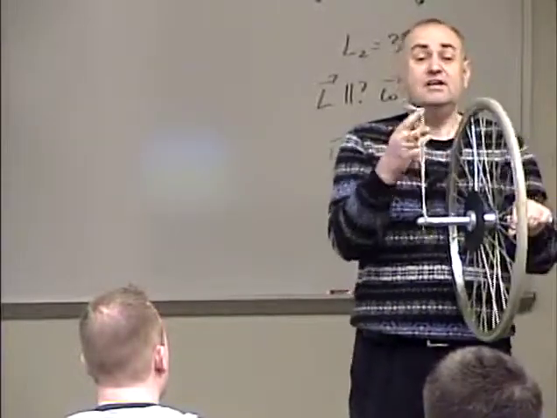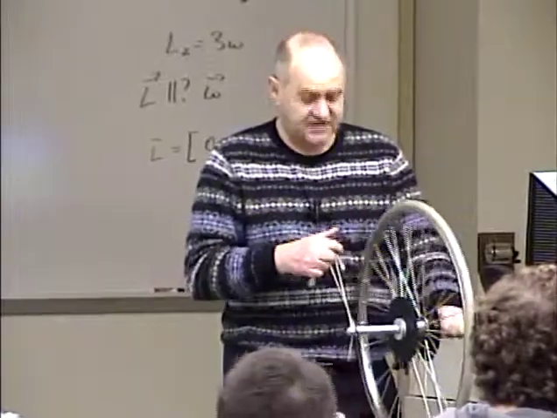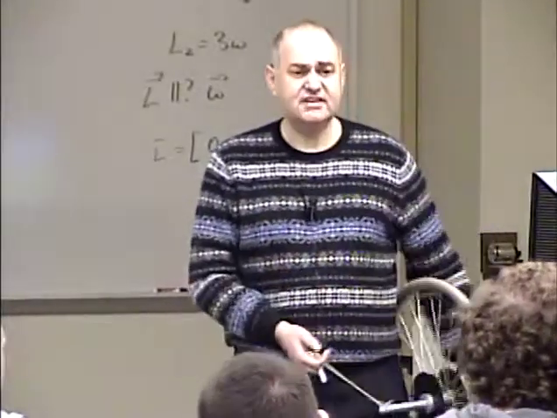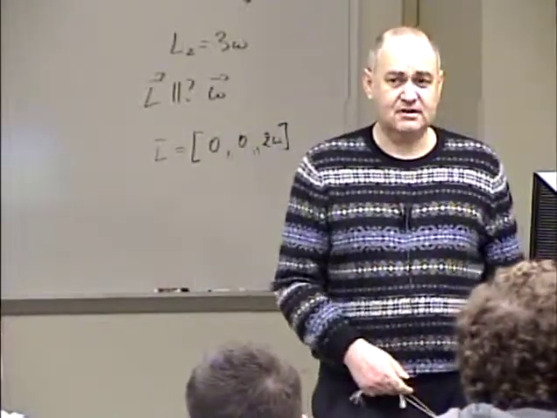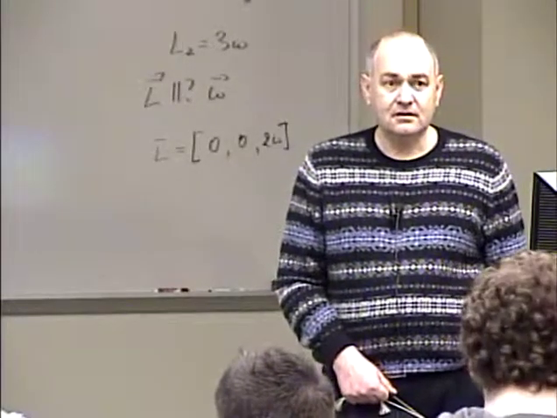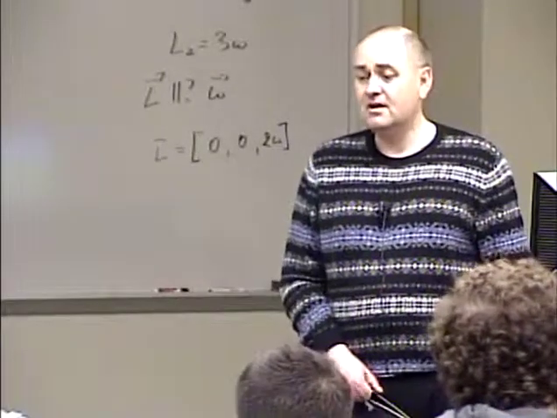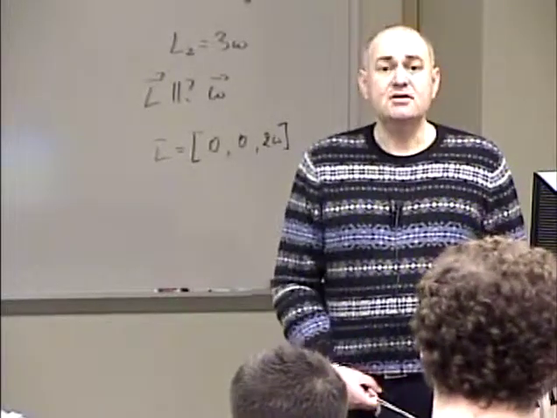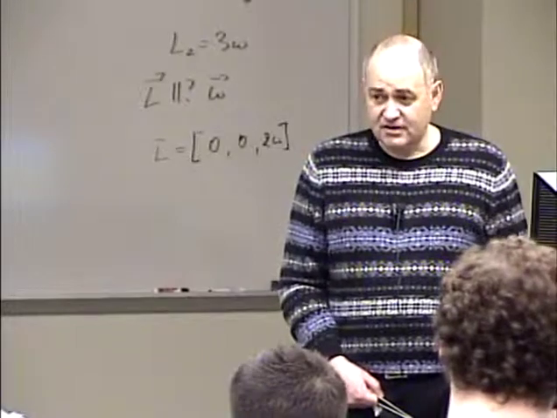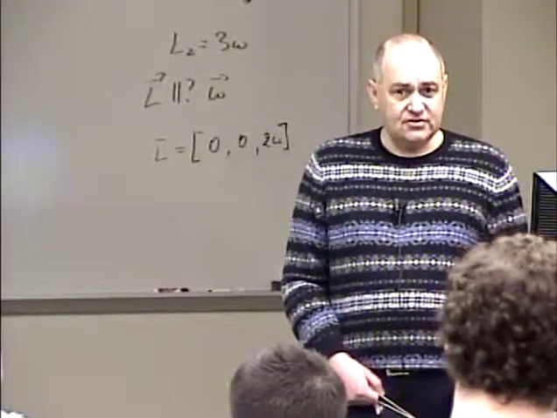What was the gravitational torque? Recall that the center of mass overlaps with the center of gravity in the classroom. So what was the gravitational torque? It was 0, because the position of the center of gravity with respect to the center of mass is a 0 vector. They overlap. So gravitational torque was 0.